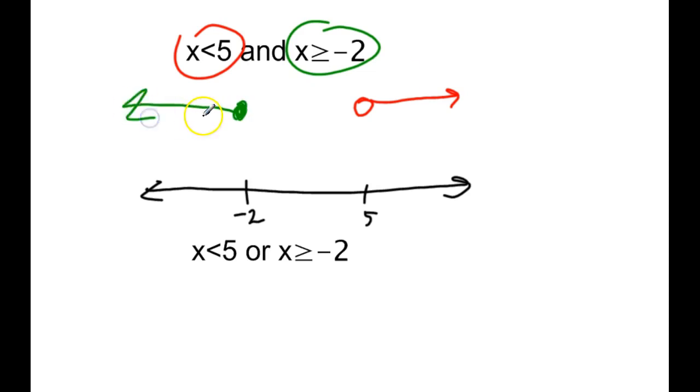Now, combining both of those together, oh wait, sorry. I think I did that wrong, didn't I? Wow, that's really bad. Let's combine both of those. Let's redo those. So the arrow here, x is less than 5, so that graph would look like this.